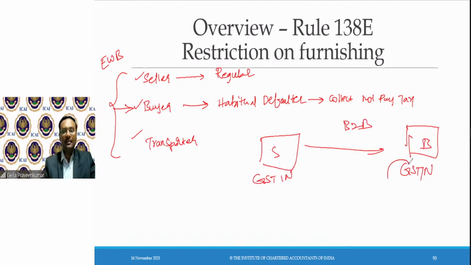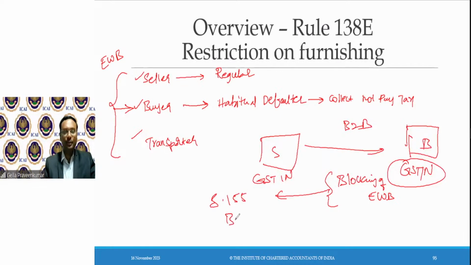Based on the GST number of the buyer, there is a blocking of the e-way bill. Why this blocking of the e-way bill? Remember section 155? Burden of proof.